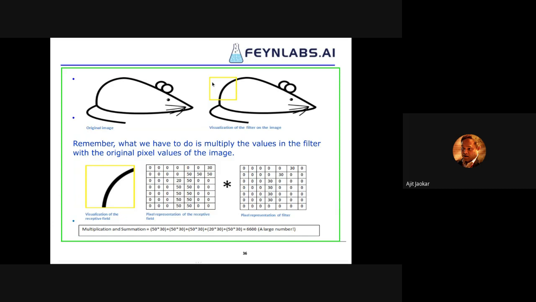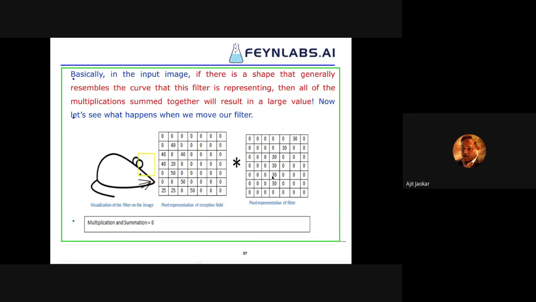So when I go here and slide it over this point of the mouse, what I do is I multiply non-zero numbers and I get a number which is quite large, correct? Because you don't have zeros here in the 30s and so on, and nor do you have the zeros here. So you multiply these two things with a dot product as you did last time, and then you get something which is larger.